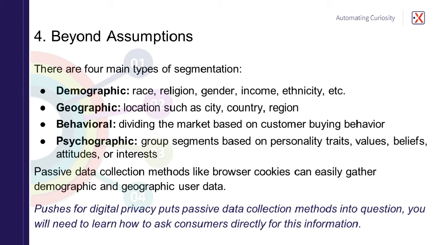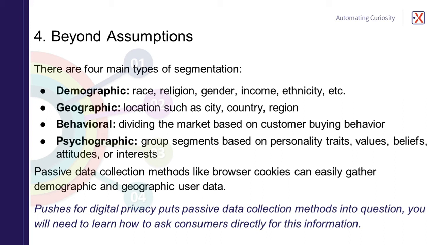When it comes to segmentation, we know of four types that consumer insights analysts do. One is based on demographics, and some of the variables you see here you're very familiar with, whether it's gender, sexual orientation, religion, race, ethnicity, age group.